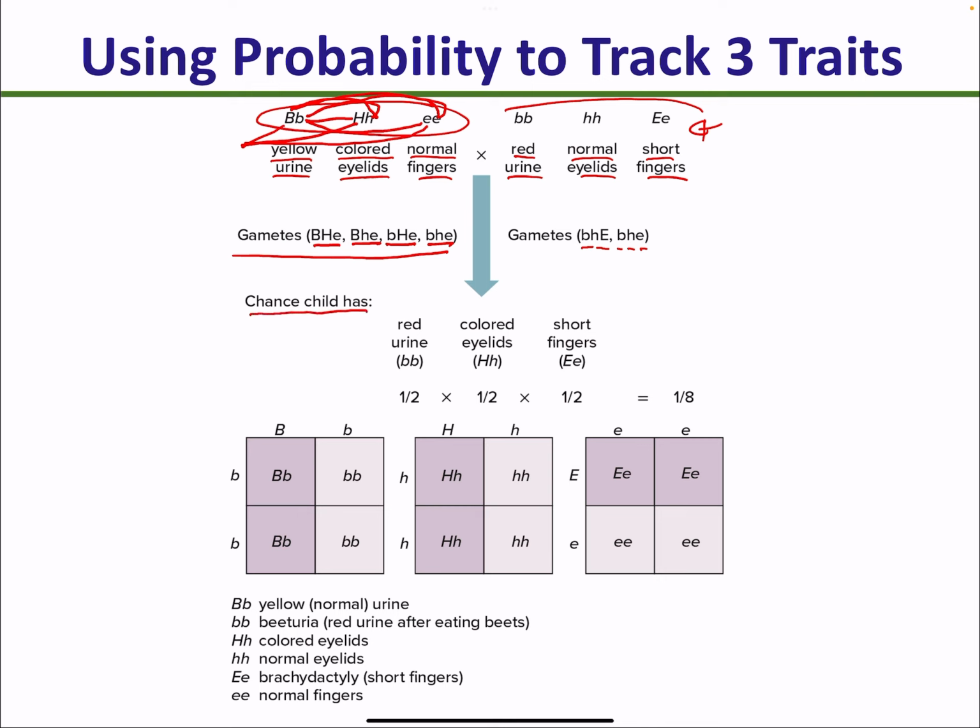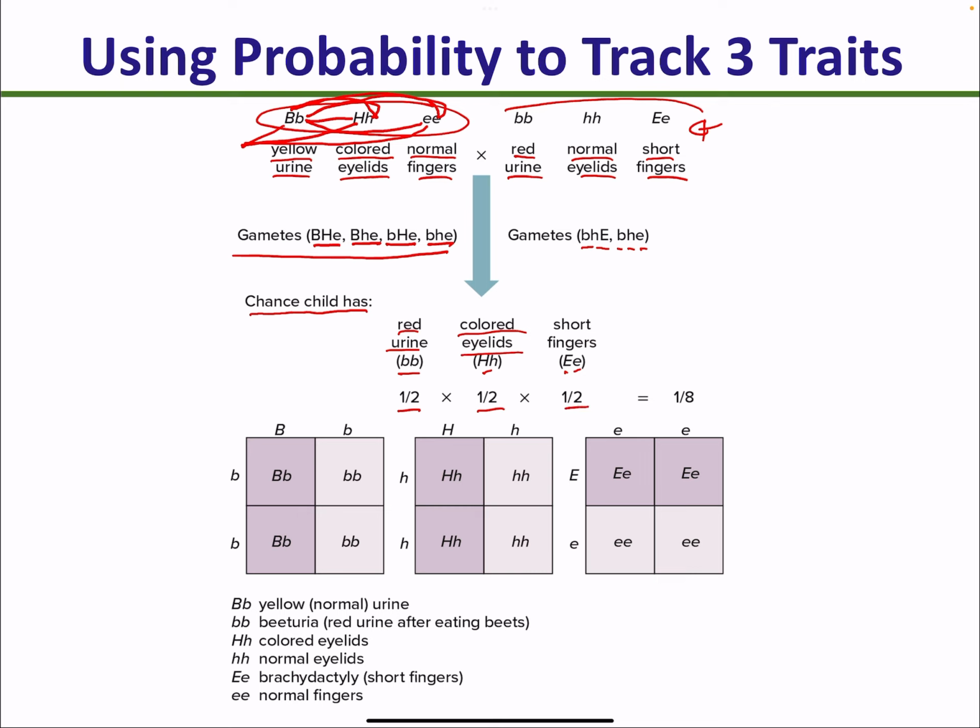So we are going to have that the chances that a child is going to be lowercase b for red urine is half. The colored eyelid, so capital H, lowercase h, is half. Short fingers, capital E, lowercase e, it's half.